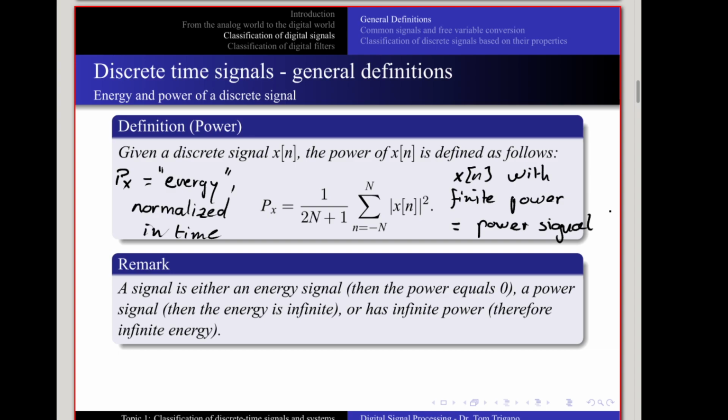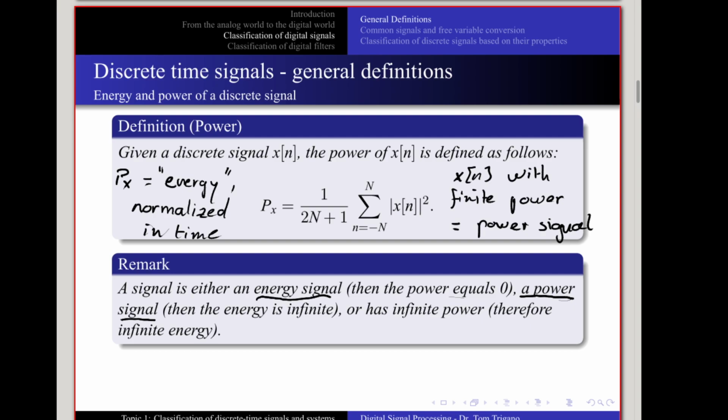Either a signal is an energy signal, in which case its energy is finite and its power is equal to 0; or a power signal, in which case the associated energy is necessarily infinite; or neither, in which case both energy and power are infinite.